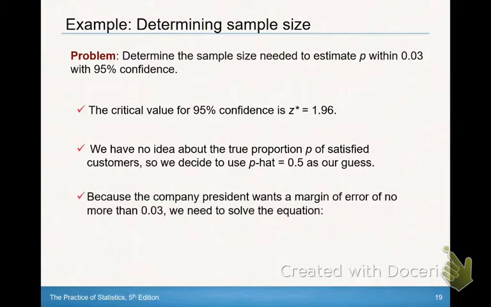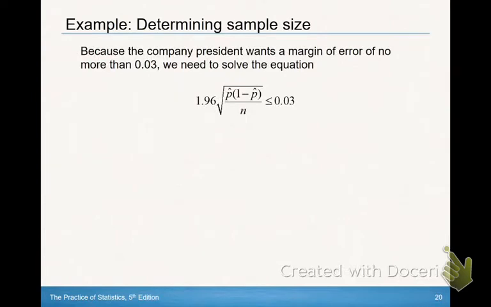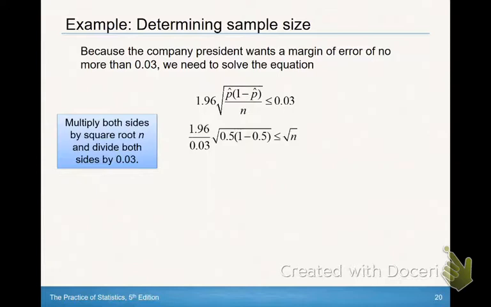Because the company president wants the margin of error no more than 0.03, we need to solve this equation. The margin of error needs to be less than 0.03. So we have our critical value times the standard deviation. We want to be less than or equal to 0.03. Since we're using P hat of 0.5 as a guess, we are actually solving this.